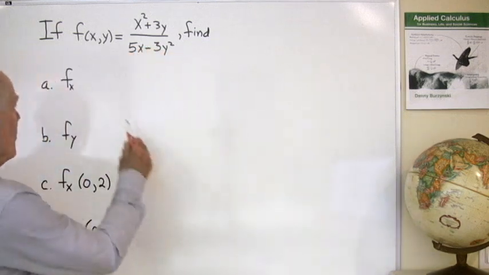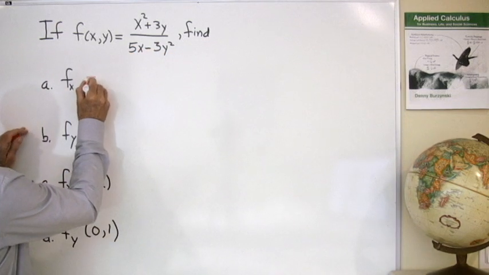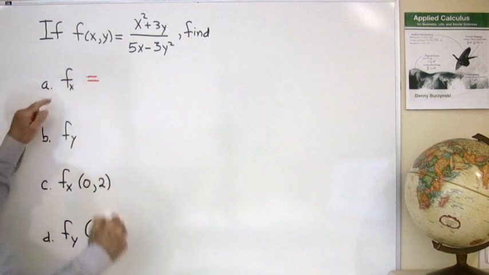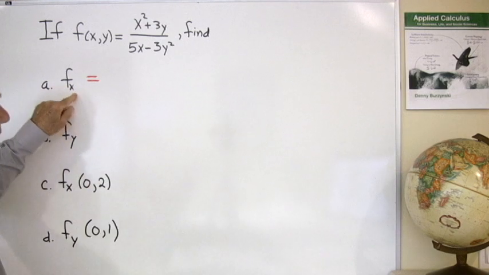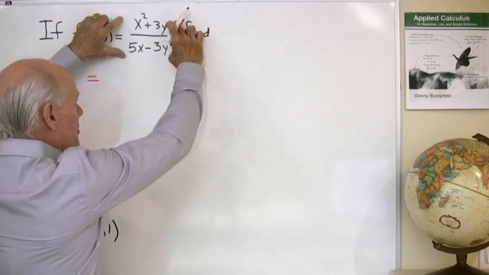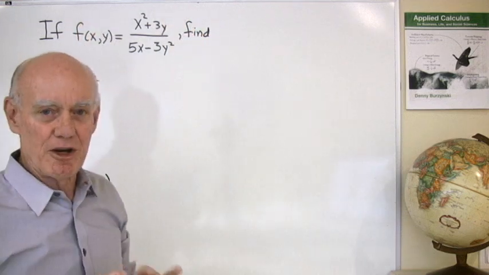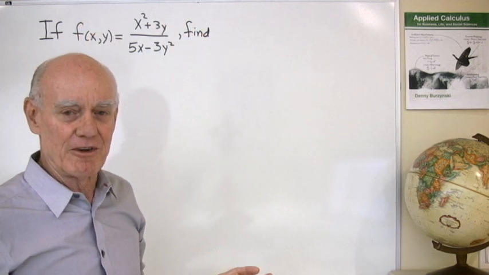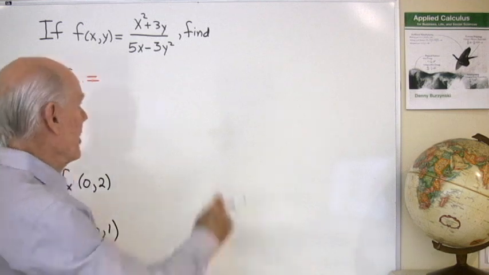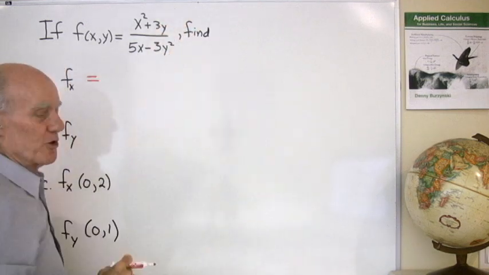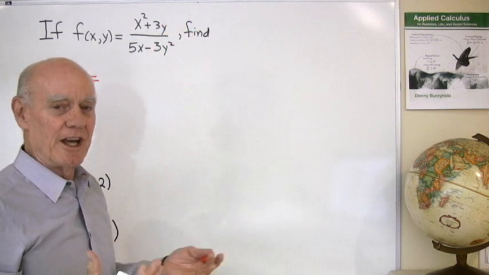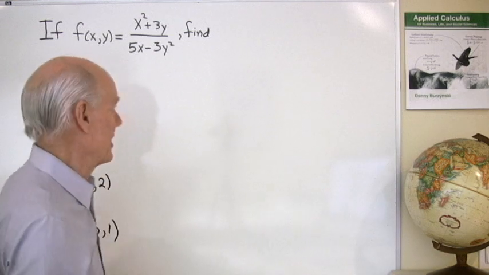When I find f sub x, the partial of f with respect to x, I differentiate this expression treating x as the variable and every other variable as a constant. I see it's the quotient rule, so I apply the quotient rule and differentiate with respect to x.